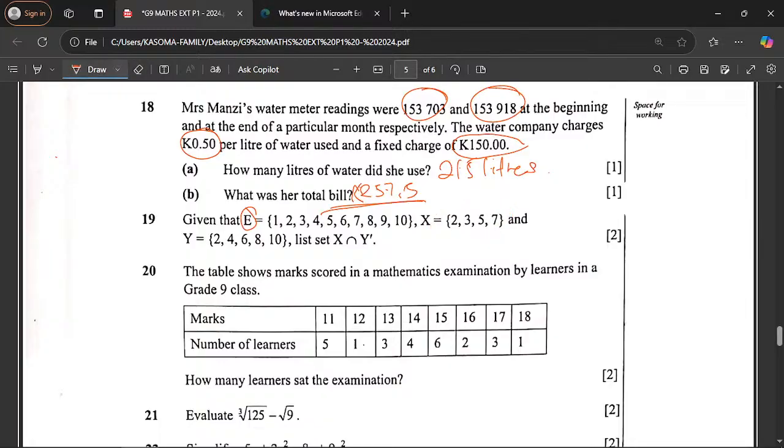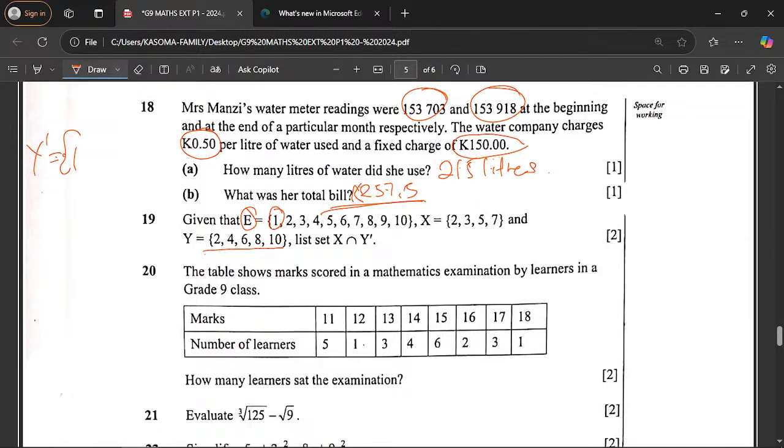So we will say Y complement is equal to open bracket. Y complement, we're talking about elements that are not found in Y. So in Y we have got 2. When we check on 1, is 1 found in Y? No, so we write 1. 1 is not found in Y.